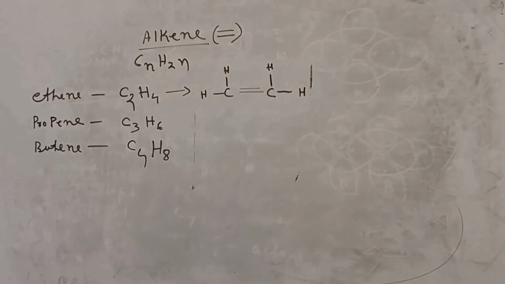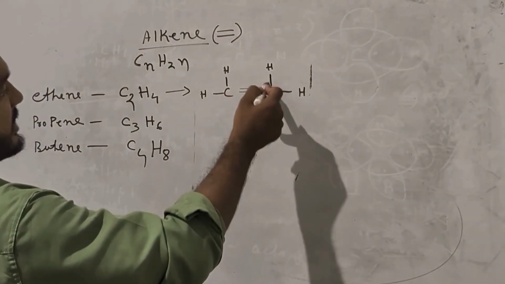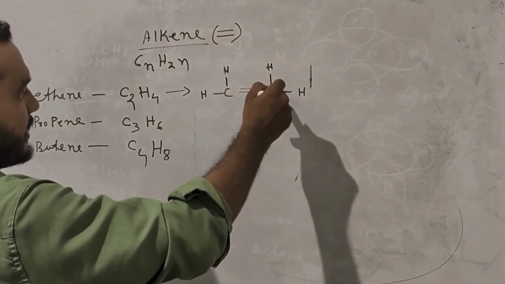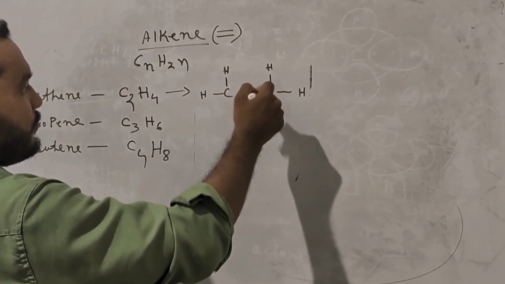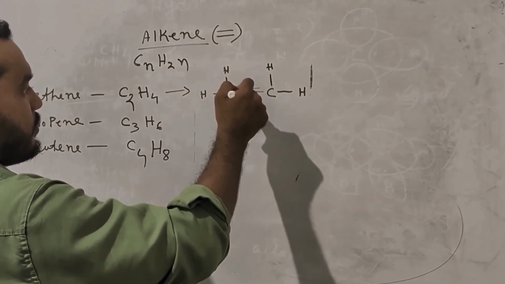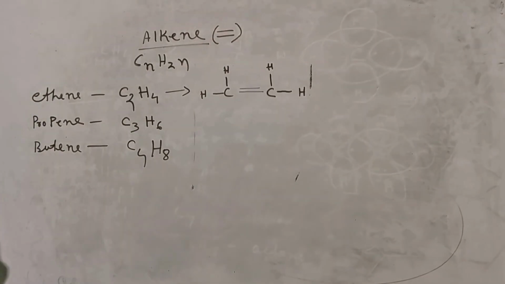Now you see the tetravalency of each carbon is satisfied: 1, 2, 3, 4 bonds around each carbon, and hydrogen is already satisfied. This is the structure of ethene.